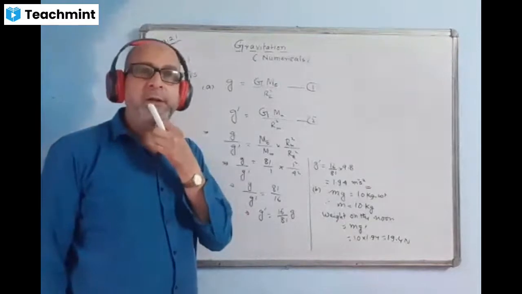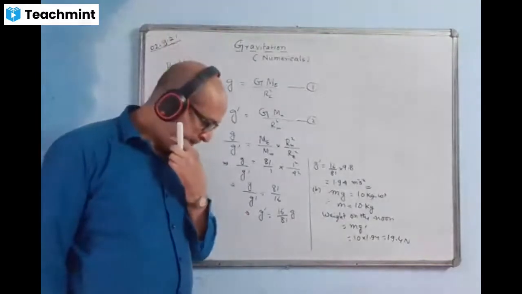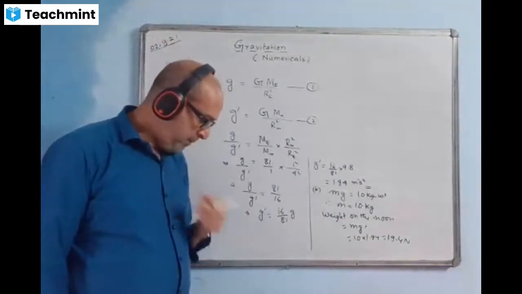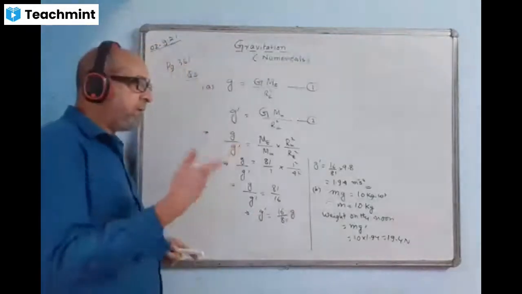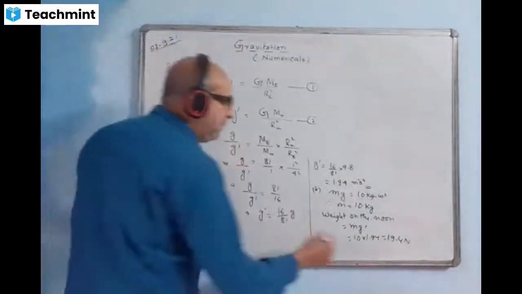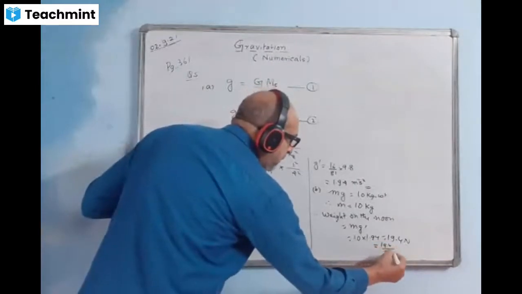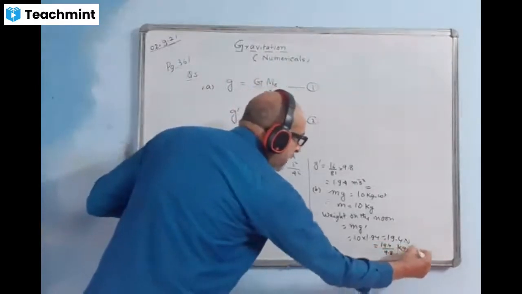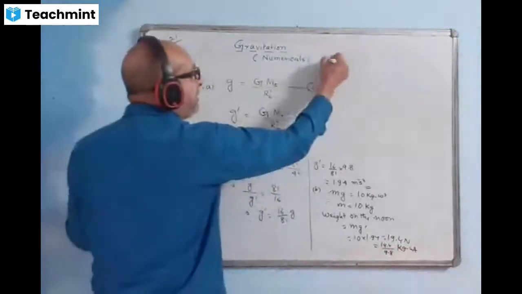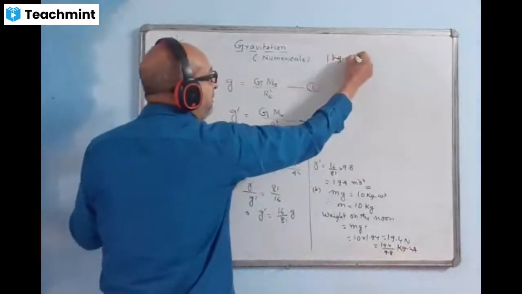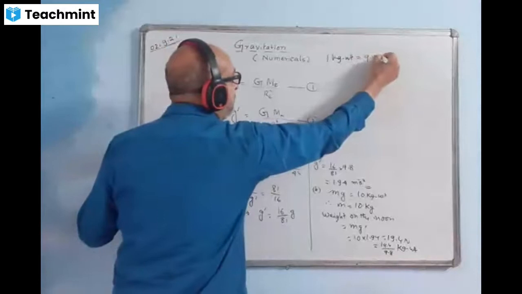Divide this answer by 9.8, check the answer. 1.98 will come. If you have to change it, otherwise you may not change. You can keep it like that only. You can add 19.4 divided by 9.8. The answer will come in kg weight as given in the book. We have the relation like this. Okay, follow this: 1 kg weight is equal to 9.8 Newton.